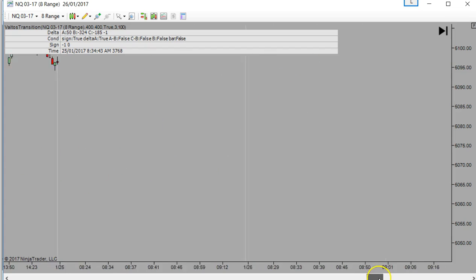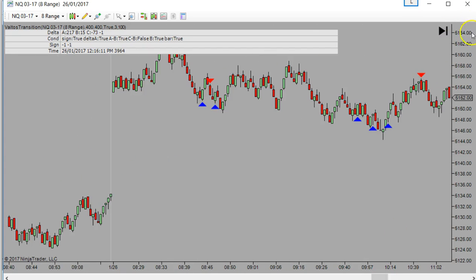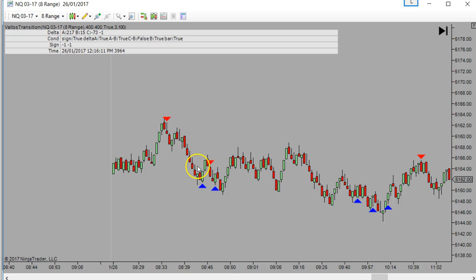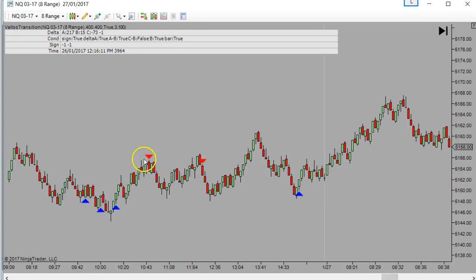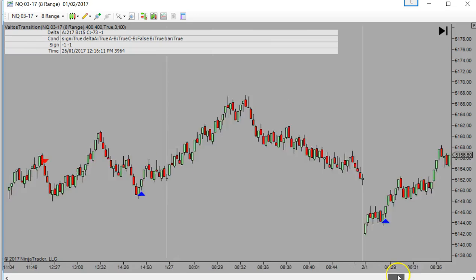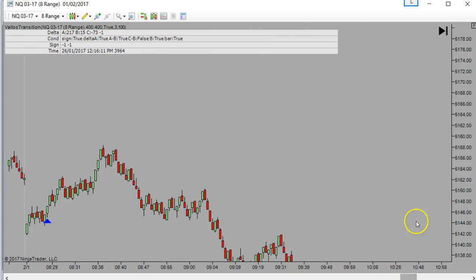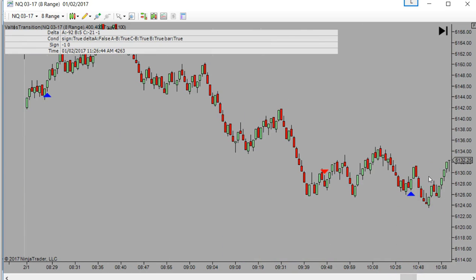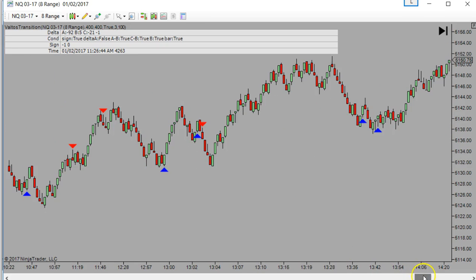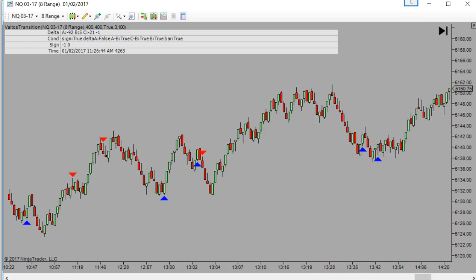Nothing. Just a nice move. Some nice little moves there. That one didn't work out. This one, probably not. It's a nice move there. Again, there's a little something here, and a nice move here.